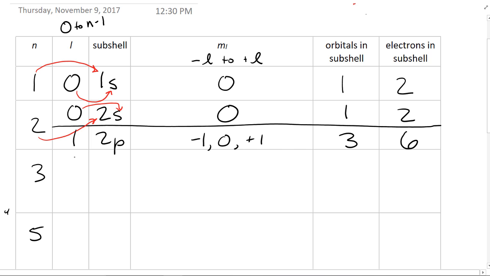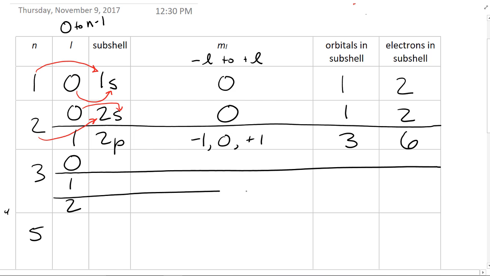We'll go on to the next one here, where n is equal to 3. When n is equal to 3, that means L could be 0, 1, or 2. So now we're going to divide this up into 3 different lines.